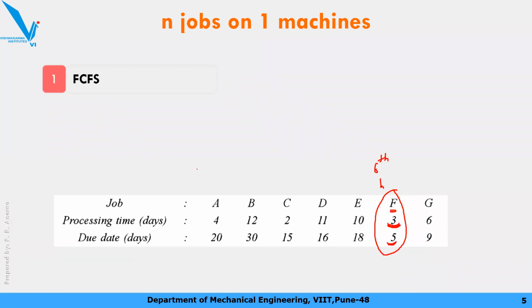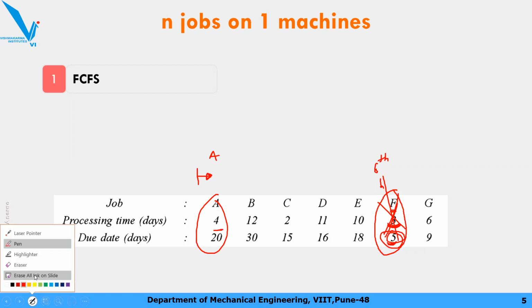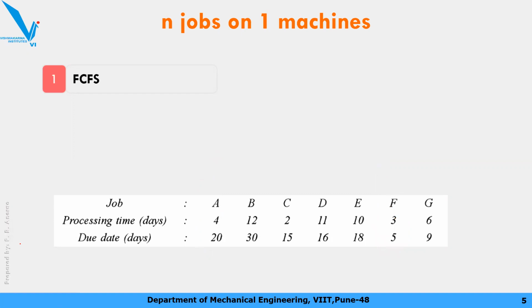So what happens, your job A will start, it requires 4 days to complete, right? So A job complete होने के बाद तुरंत F का due date आ गया. Okay, so this customer will not get satisfied, you cannot handle this job. So this kind of thing will happen. So that's why in some firms first come first serve basis is not recommended.